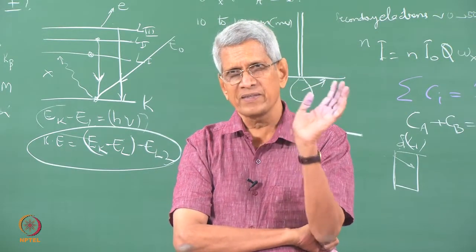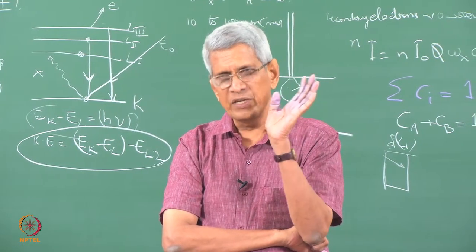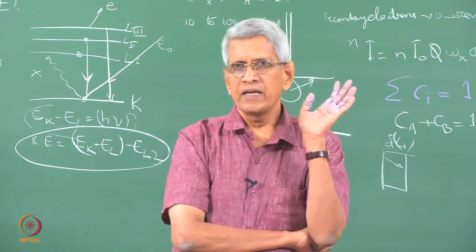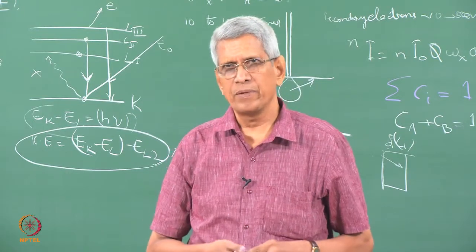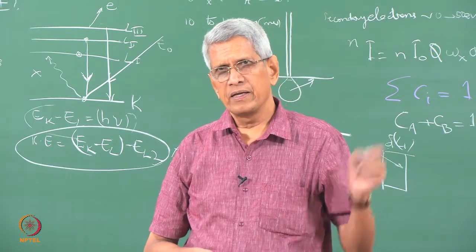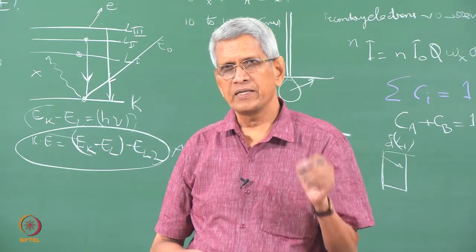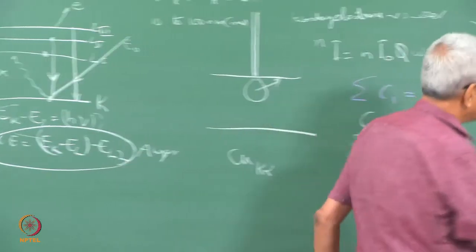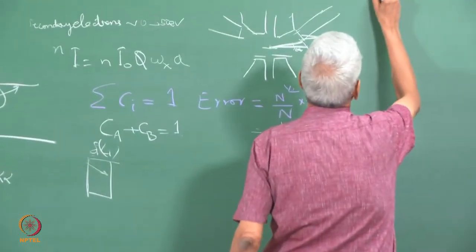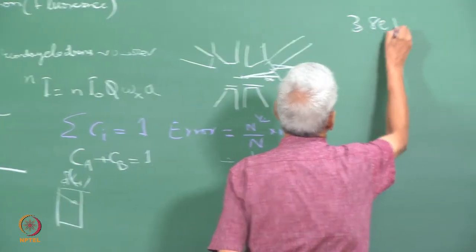In all these things, the process by which we detect the characteristic X-ray is, as the X-ray passes through the sample, we assume that it is being completely stopped, then it loses energy by creating some electron hole pairs, and in the case of silicon about 3.8 electron volt is required.